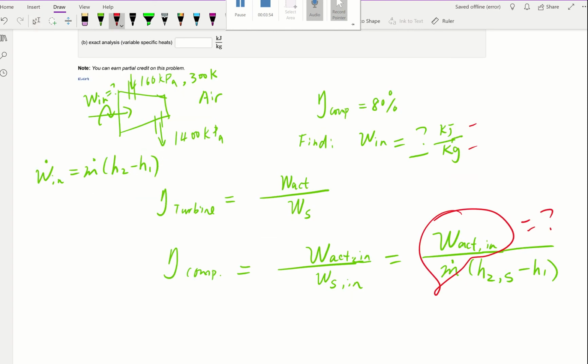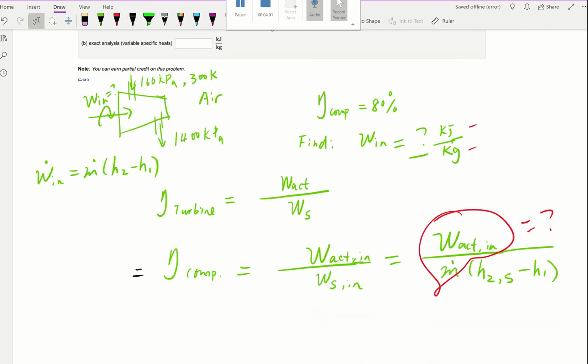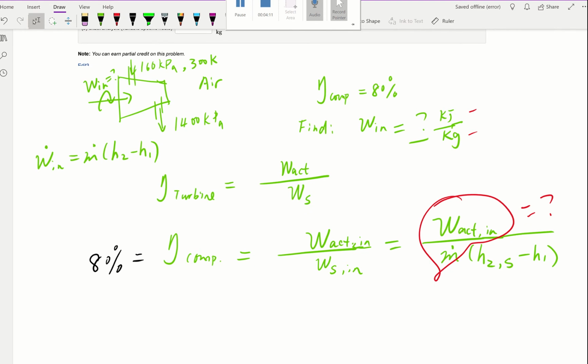By the way, do we know the isentropic efficiency? Yes, for mine it's 80%, so that's known. So in order to find this whole actual work, we just need to figure out H2s and H1, right?